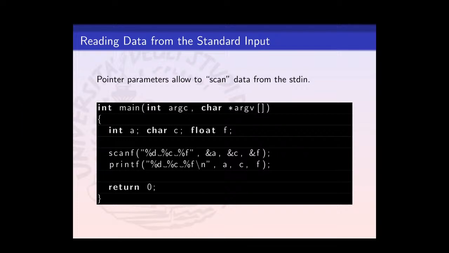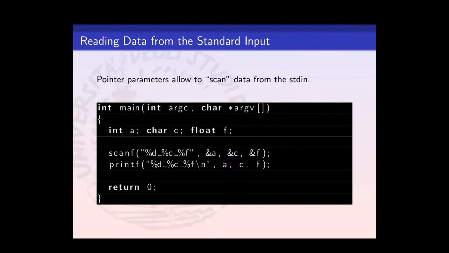Now, by using pointers, we are able to pass to a function the reference to those variables. So instead of passing the content of a variable, we are passing the address of the variable, so the location of that variable in memory.